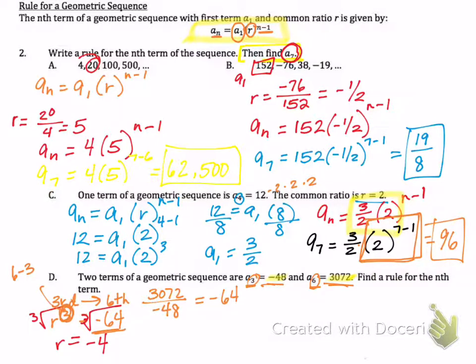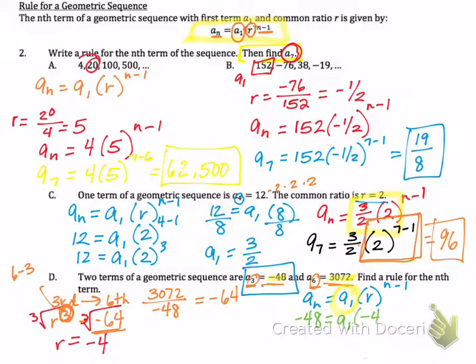So then once I have that, I need to find out what my first term is. So I'm going to choose one of the two. I'll do 3 and negative 48. I'm going to plug that into the generic formula. So a sub n equals a1 times r to the n minus 1. I have my rate, but I don't have my first term. So I need to figure out what a1 is. So I'm going to take my a sub n, which would be negative 48, equals a1, which is what we're solving for.